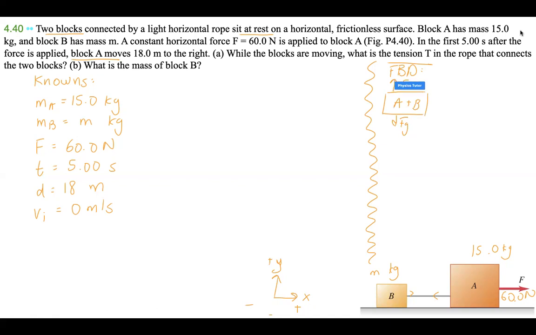There's always so much confusion about this, but really, if there's a flat surface, normal force is going to be perpendicular to that flat surface. So Fn and Fg. There's also going to be this F right over here, this applied force. So that's F. Okay, so that is our first diagram.